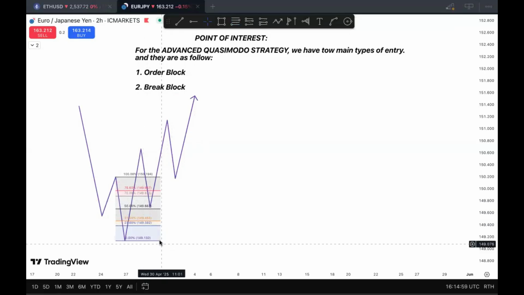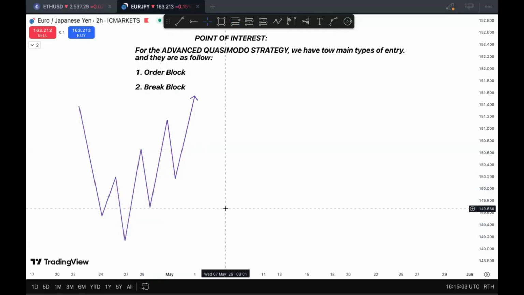So each time you see your structure and all criteria are met, the next thing you should be looking out for are order blocks, which are your POIs. First, you anticipate to look for order block. And second, you anticipate to look for breaker blocks.